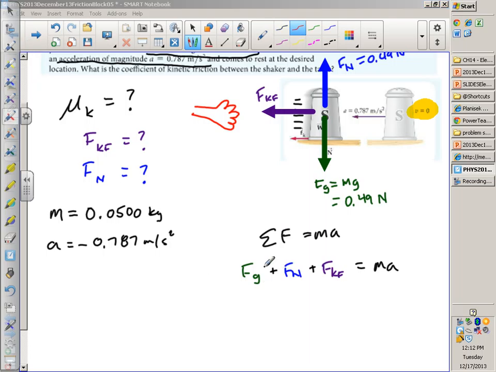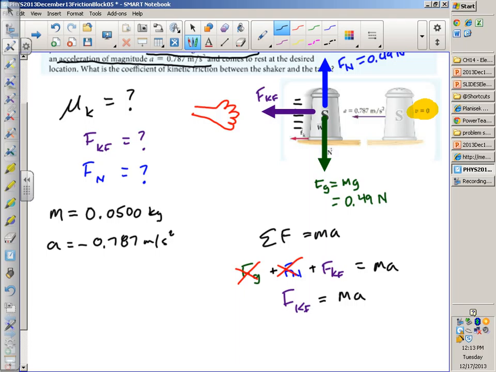So we can just forget about those 2 right now, because we already know that they cancel each other out, right? And now the net force is completely caused by the kinetic friction force. The acceleration in this problem is solely the responsibility of the frictional force. Does that make sense? Okay.